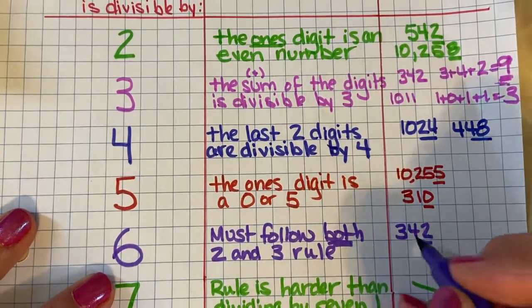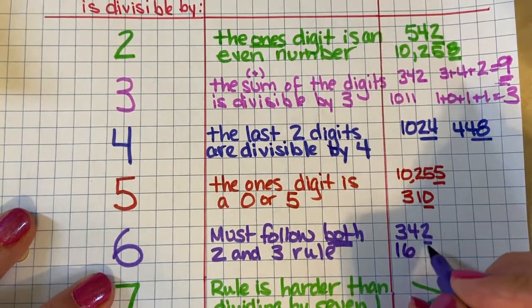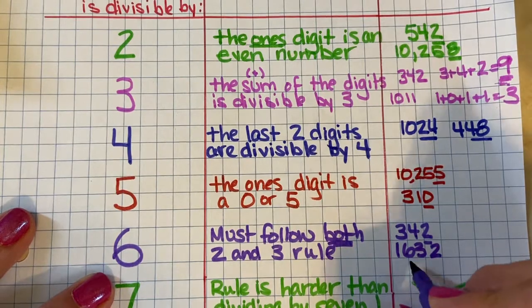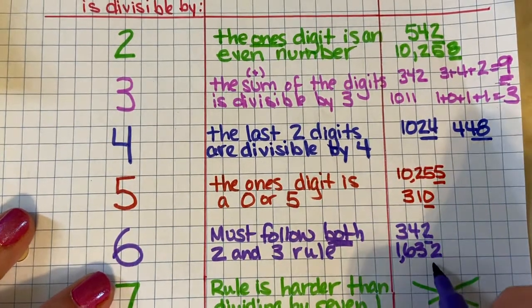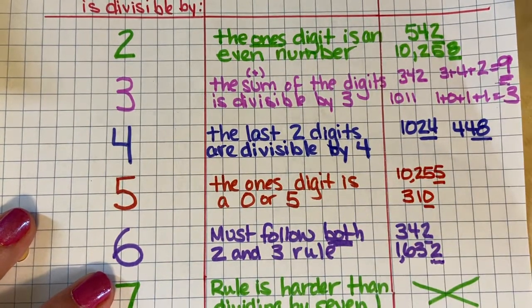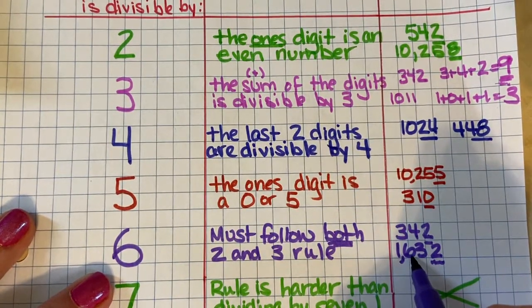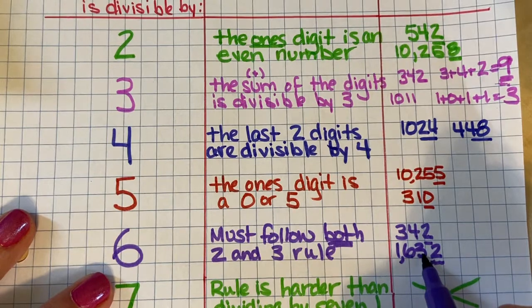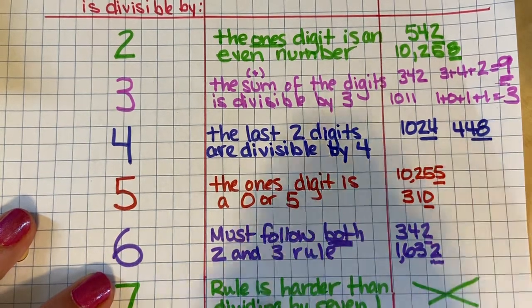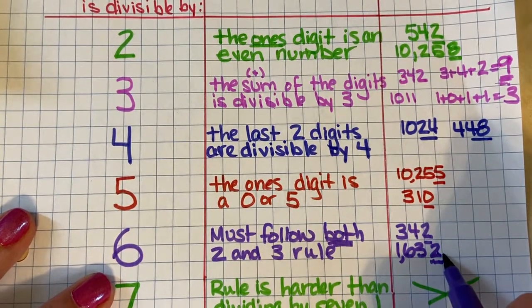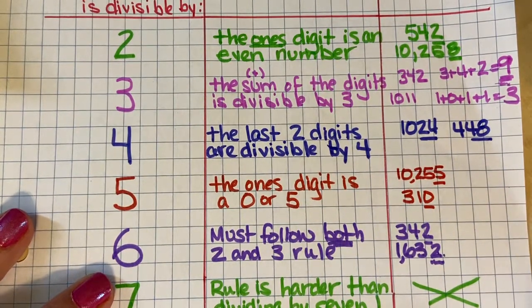Here's another one. If I had 1632. Again, it ends in an even number, so 2 goes into it, but it has to fit both. So I would add this up. 1 plus 6 is 7, 7 plus 3 is 10, 10 plus 2 is 12. Since 3 goes into 12, 3 would go into that number, so it fit the 2 rule and it fit the 3 rule, okay?